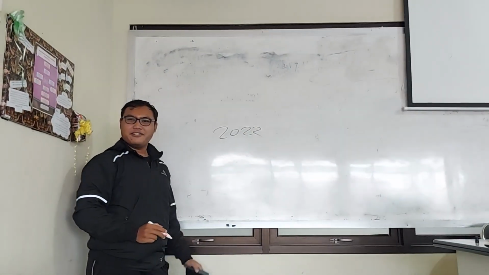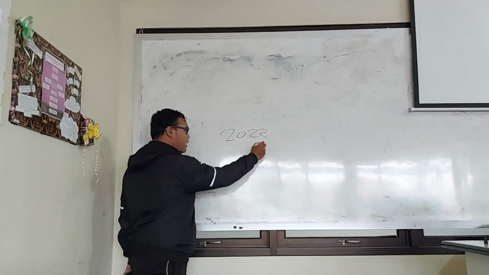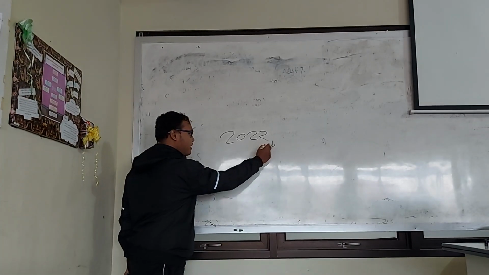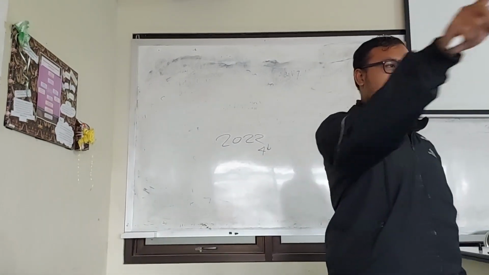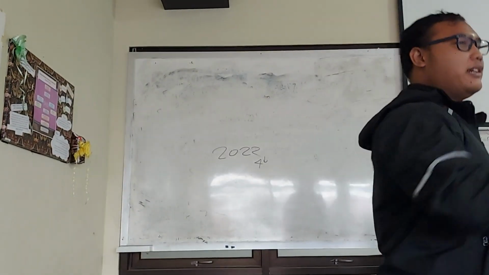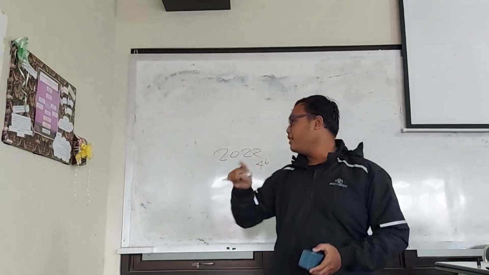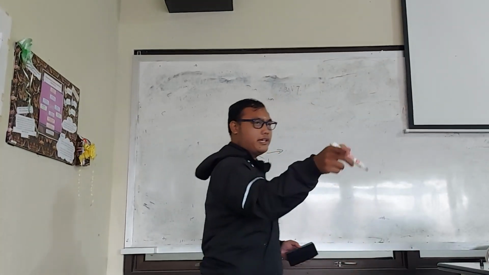What year is that? You. 24. Okay, you are not wrong. We are almost there. Okay. I want you, the whole class, write the context of 2022 as a whole, okay?